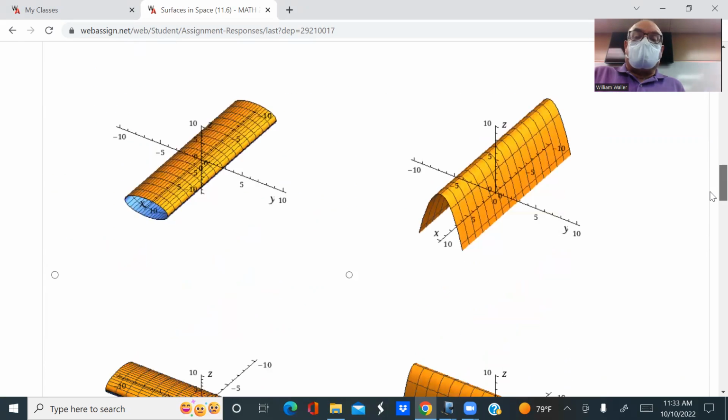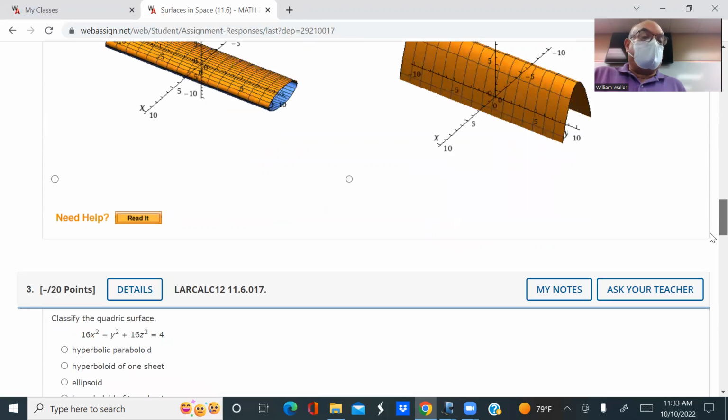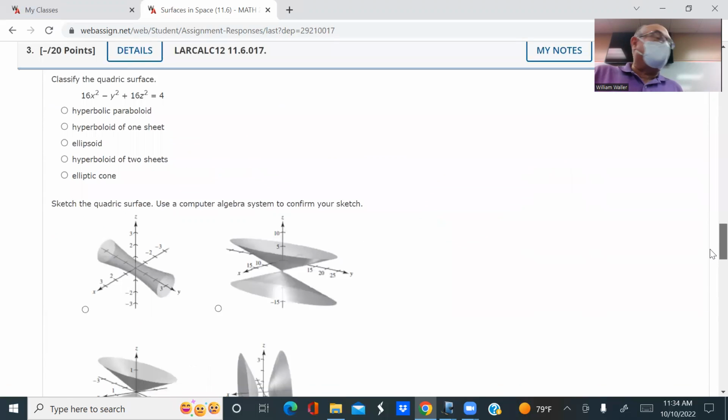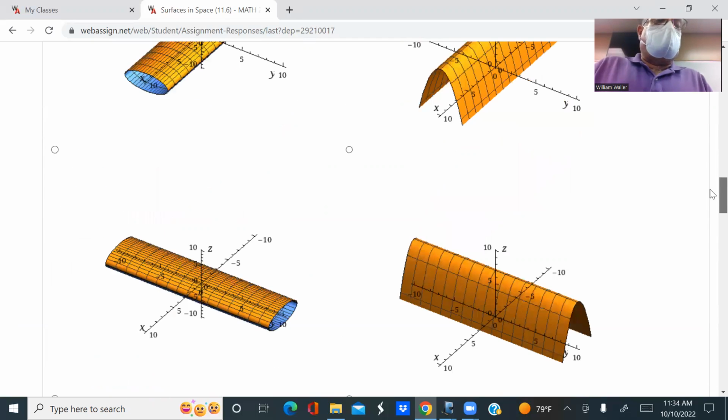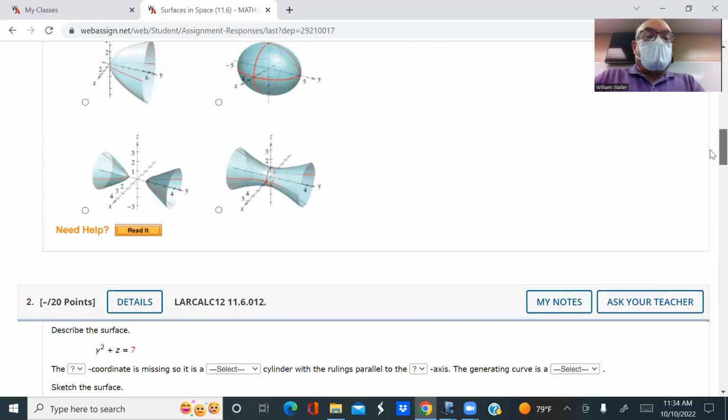And I think it's a parabola that opens down like this one, right? Okay. And so since the x variable is the one that's missing, you're just going to get copies of this parabola, sort of duplicated there along the x-axis. So probably B there is the right choice. I'm just thinking there from looking at it.